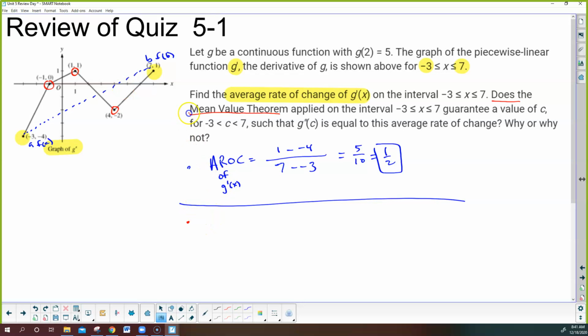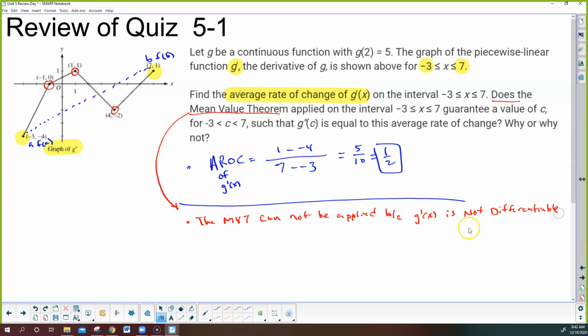So the only thing you need to say here is the mean value theorem cannot be applied because g prime of x is not differentiable over the interval of -3 to 7.